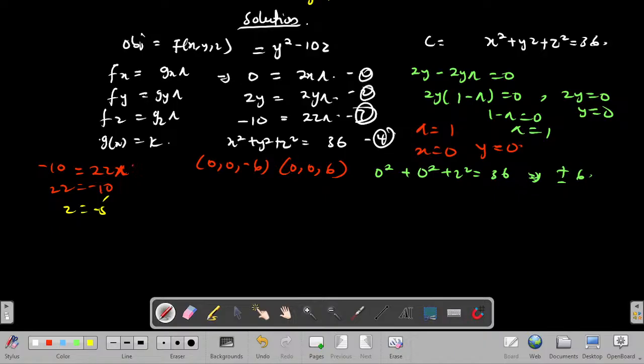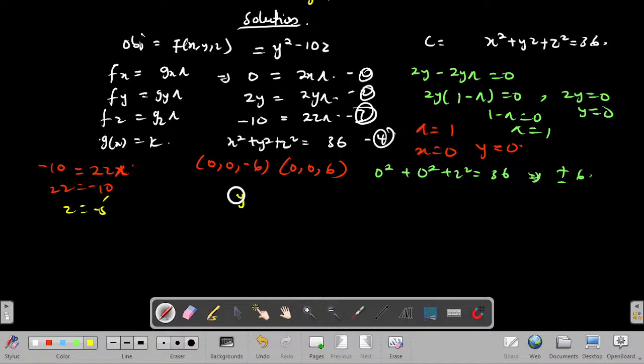Okay, so I have z. So within our constraint, we know that x is 0, right?